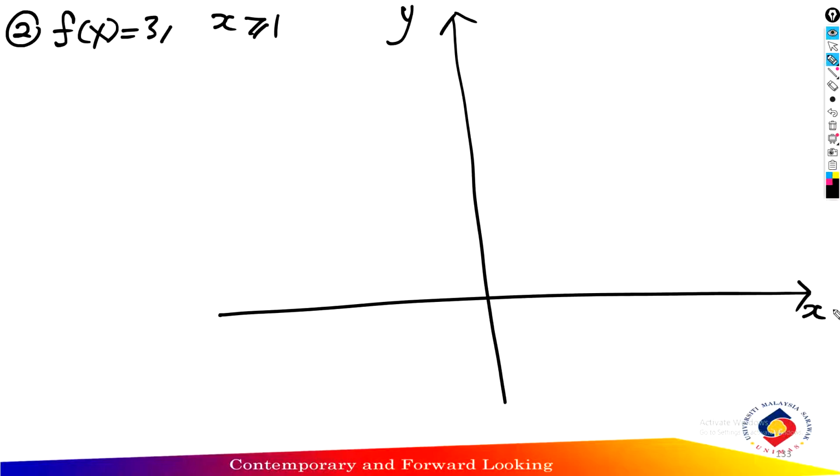You just draw the horizontal line, for x greater than or equal to 1.